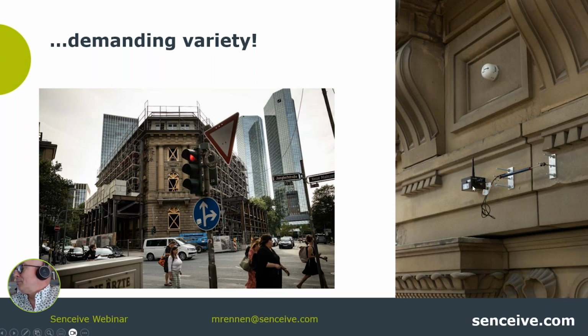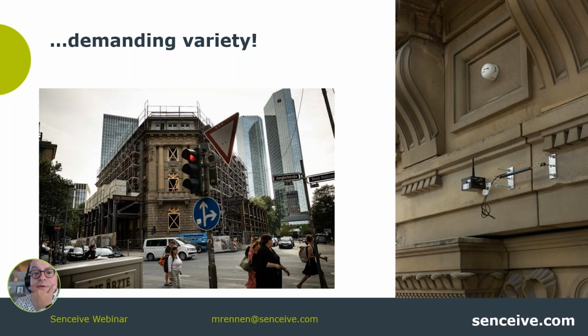So we have an example of different parameters with different sensors observed in the same communication network, meaning we gather all this data, send it to a gateway, and the gateway submits all of these different types of parameters into the same platform, where it's then accessible for the experts to analyze and interpret.